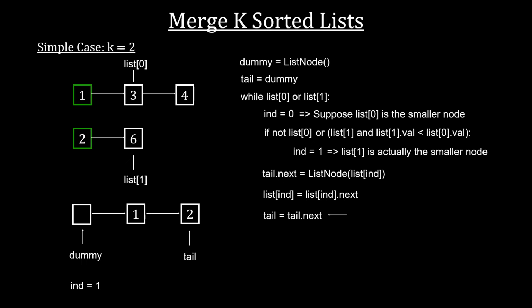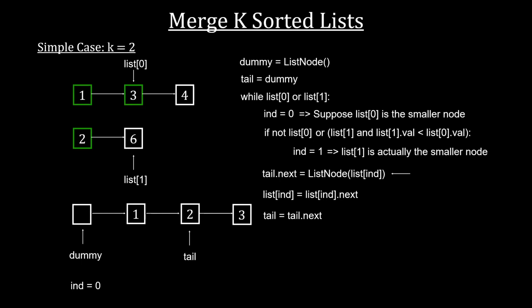And we continue the while. This holds true. Index is initially 0. List 0 is not null. List 1 is not null, but the value of list 1, 6, is not less than the value of list 0, 3. So we don't execute the if statement and index stays 0.